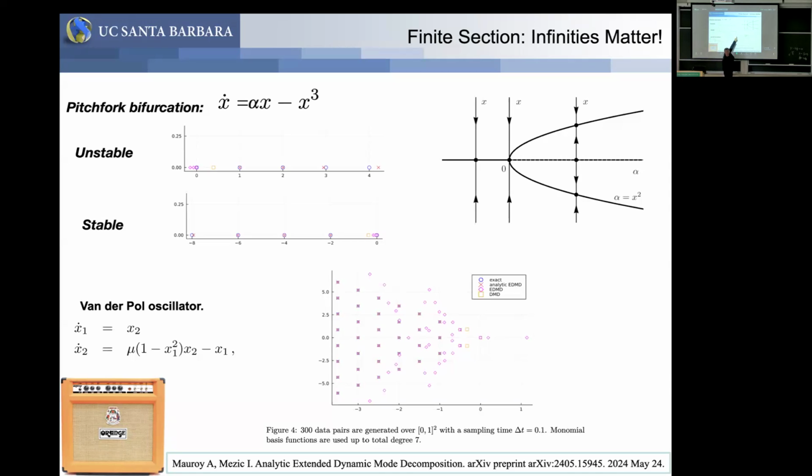That's DMD or EDMD. All these other points here are from what we call, Alex Mauro have called, and myself have called analytic DMD, where you set up the G correctly, and you get the correct eigenvalues. The crosses and the circles are almost the same, and so the eigenvalues up to order 5 or something like that are captured correctly. This is a dissipative system, and it's based on attraction.